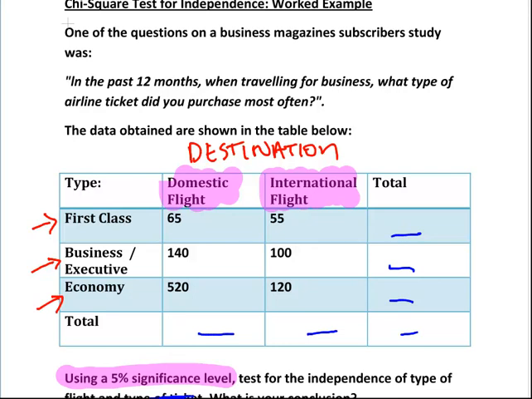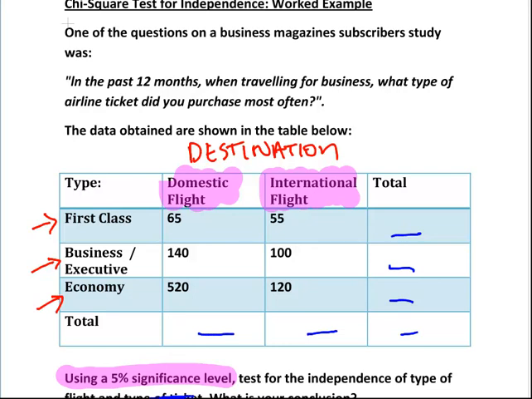On the alternative hypothesis, you're probably more likely to buy one or the other depending on how far you're going. Let's say for argument's sake domestic flights are shorter than international flights. So under the null hypothesis you buy an economy ticket no matter what. Under the alternative hypothesis, you might be more likely to buy one or the other depending on how far you're going. Anyway, according to this data, we reject the null hypothesis.